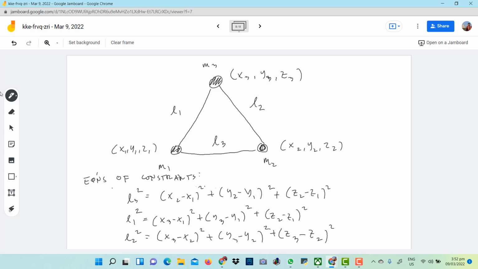And as I said, I have 3 equations of constraints, so I have 6 degrees of freedom. So only 6 independent variables. 3 variables here are dependent variables. Okay?